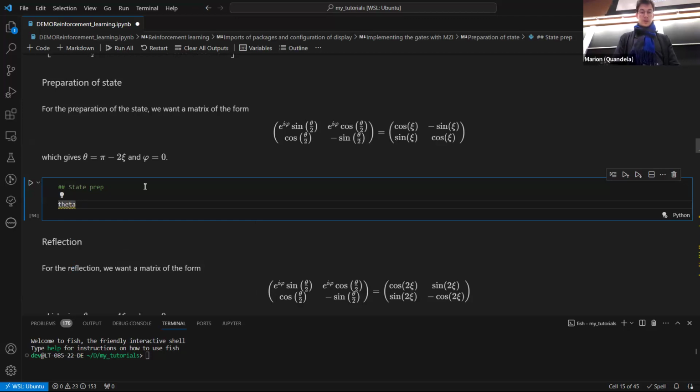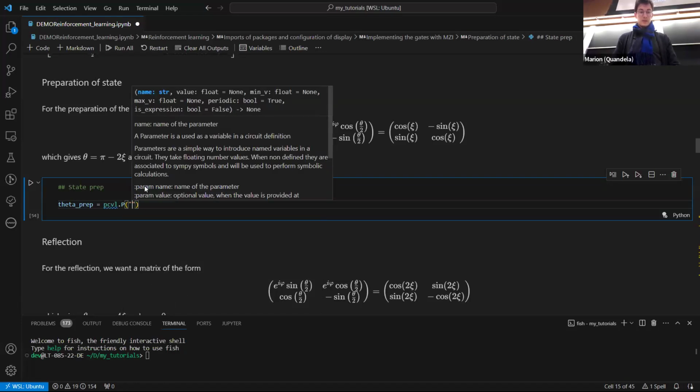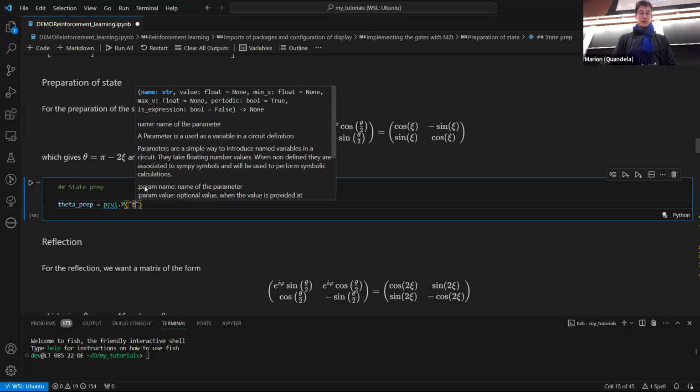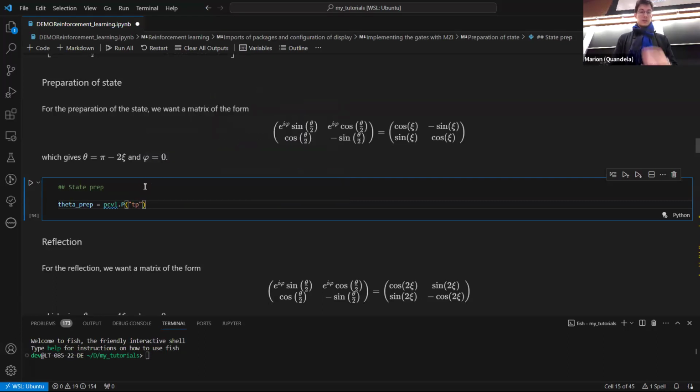So we need to define an angle, right? Because it's going to be a function of xi, basically. So this is to define, sorry, a Perceval parameter. P is for parameter, basically. This one is for theta preparation, so I'm going to call that TP, for instance.